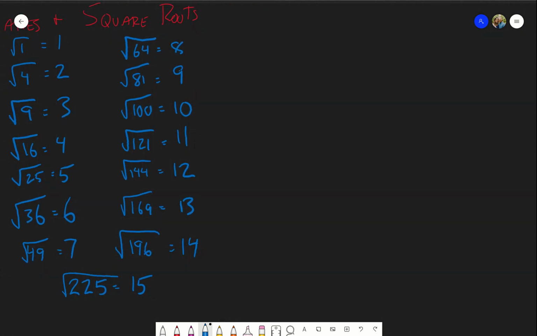So when you square root a number, like the square root of 81, the square root of 81 is the same thing as something times something else. And we know that this something is 9 times 9. So the square root of 81 is 9.